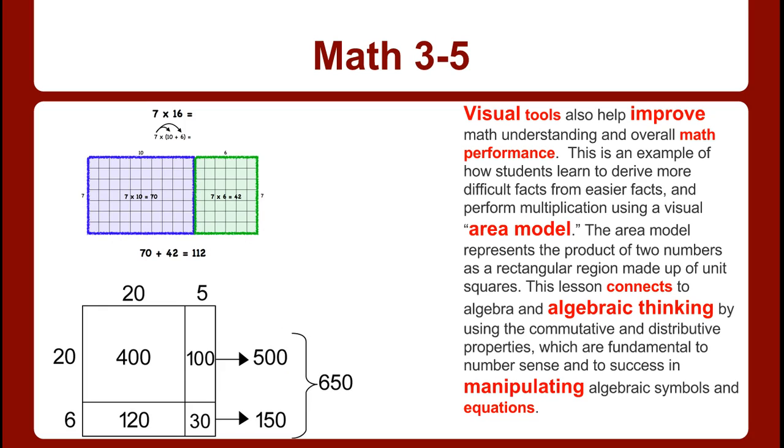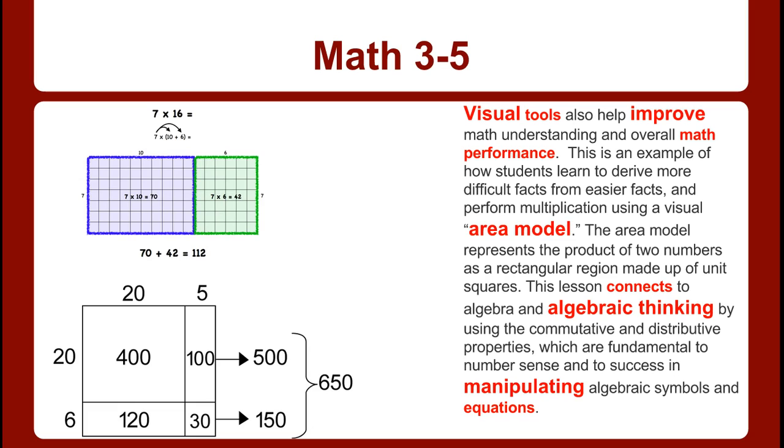As mentioned earlier, coherence between grade levels is an important shift in Common Core math. Number bonds are used in upper grades to help students derive more difficult facts from easier facts. Here is an example of an area model. Students in 3rd grade use areas as a visual to understand multiplication.